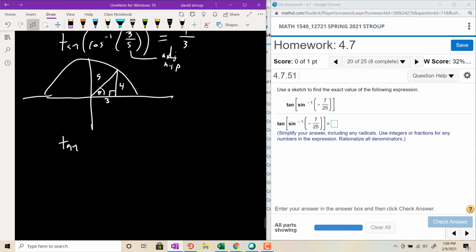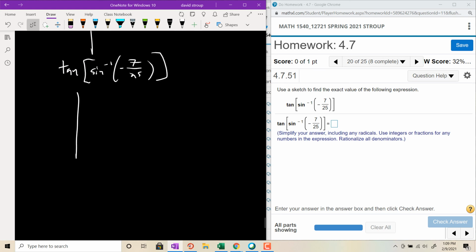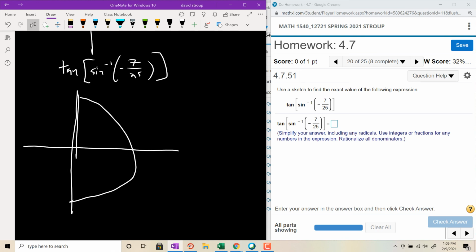And tan of sine inverse of -7/25. Okay, so sine inverse is in that first and fourth quadrant. Just want to make it bigger. Seems like I was making them too small. It's negative, so it's going to be in that fourth quadrant. Sine is opposite over hypotenuse, so this is a negative value going downwards, over hypotenuse 25, and then I think 24 is the other side.